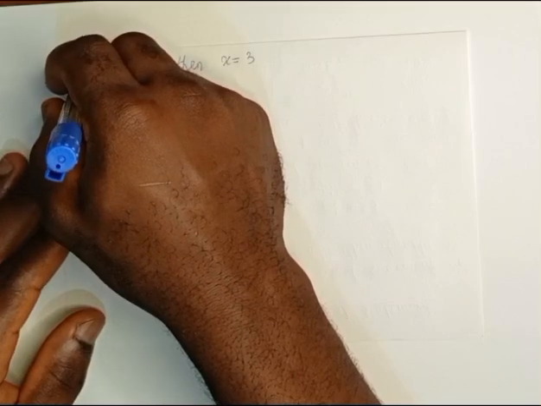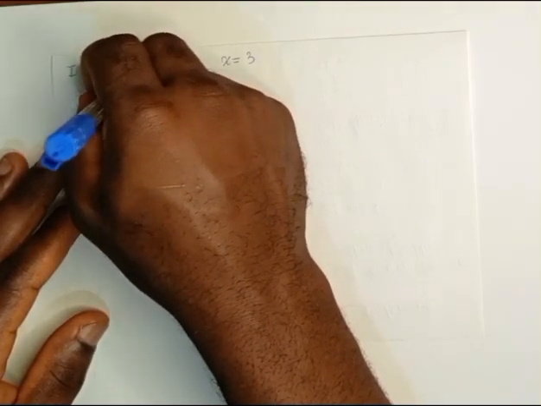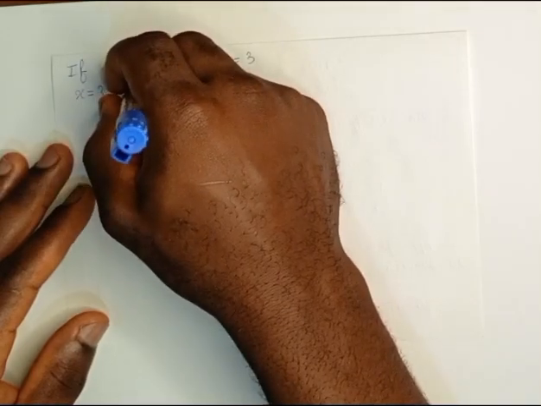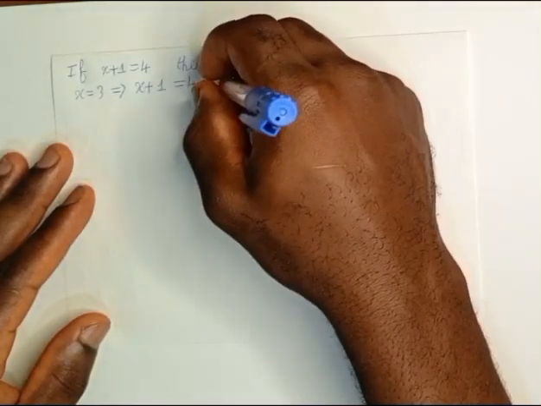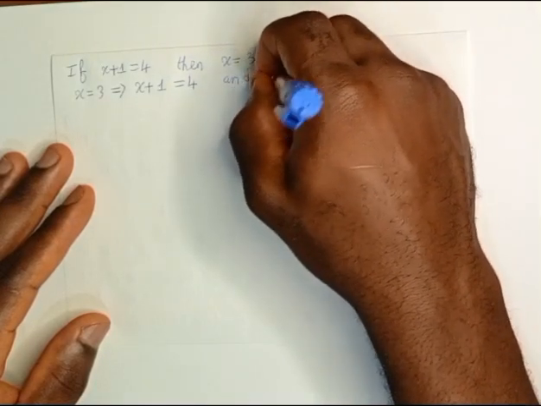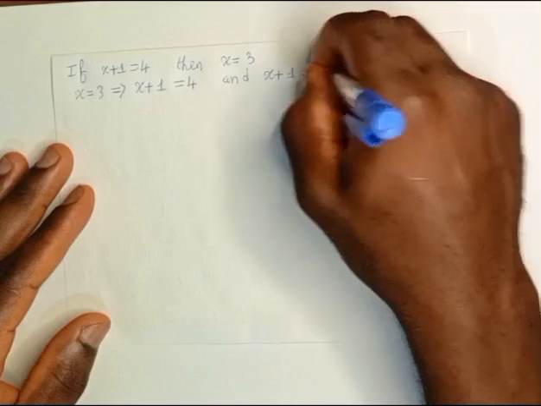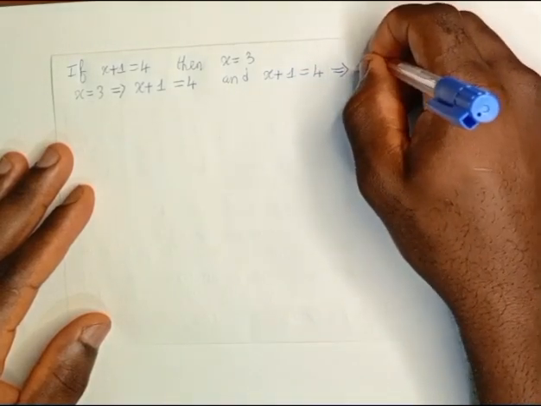Writing this down, making use of the implication sign, take the first statement, x equal to 3 implies x plus 1 is equal to 4, and x plus 1 equal to 4 will imply that x is equal to 3.